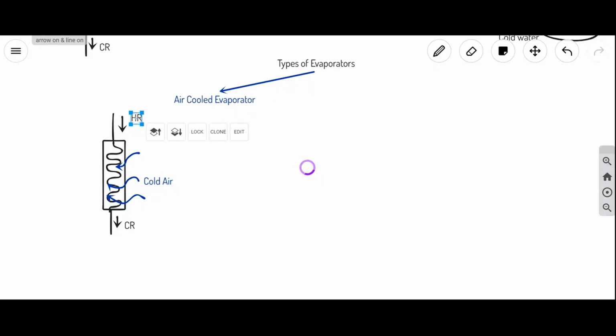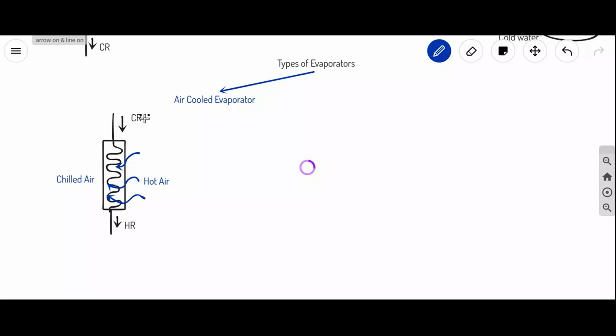In the evaporator, we supply cold refrigerant. As you supply cold refrigerant, we get hot refrigerant out. So we are supplying hot air, in the evaporator, to make it chilled air, right? Hot air so that the air gets chilled.